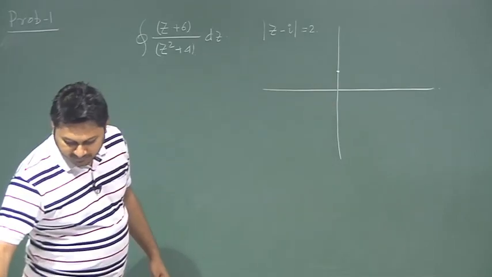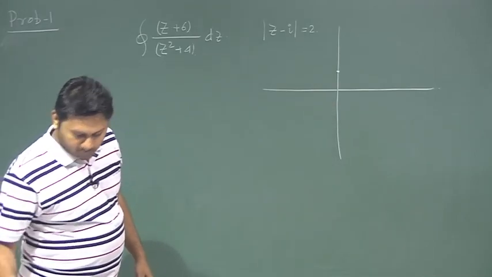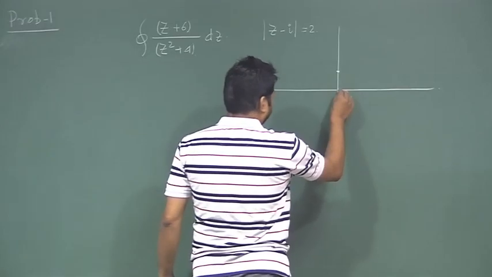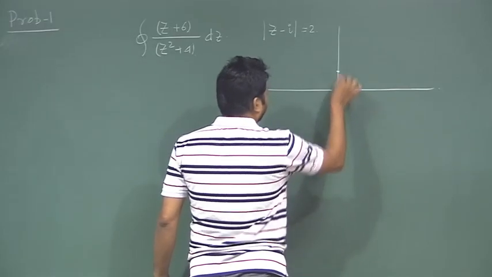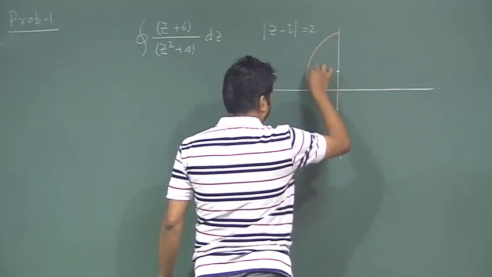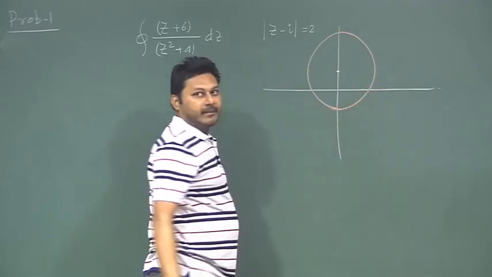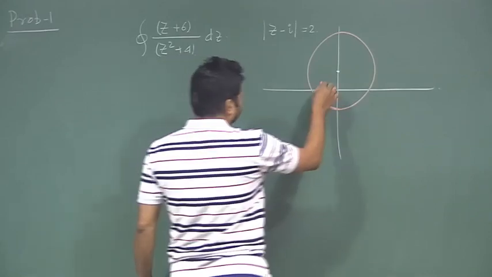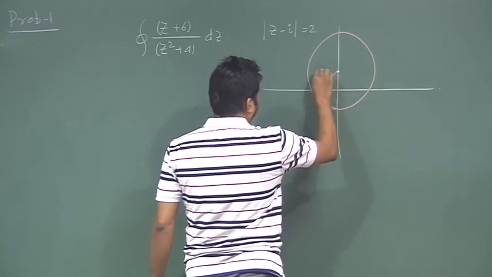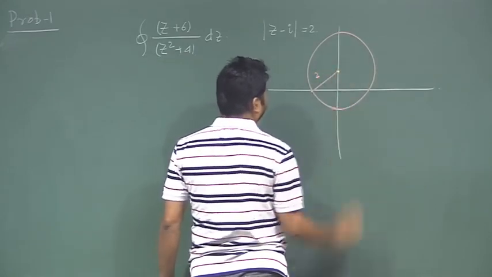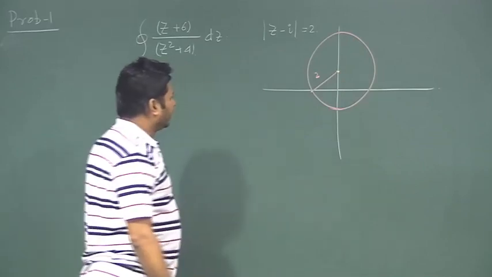So this is 0, this is i, and I will have a circle like this, where this radius is 2, this is 2, every place is 2.